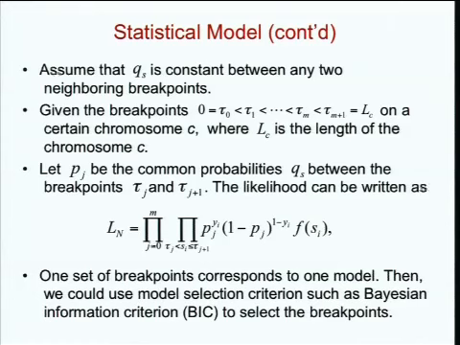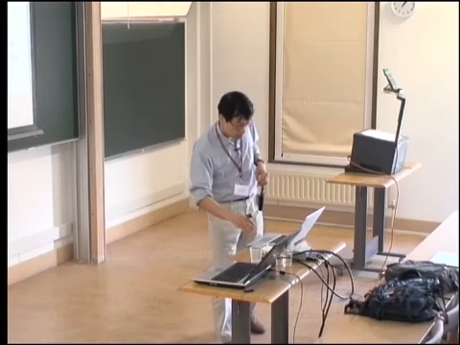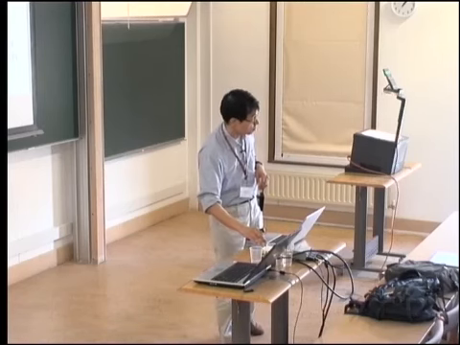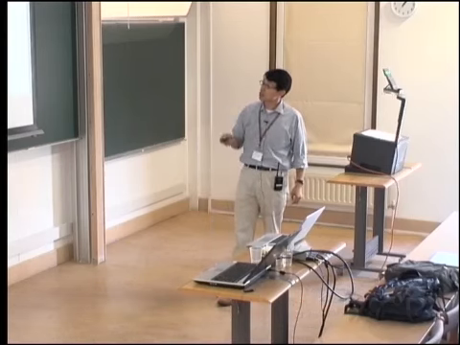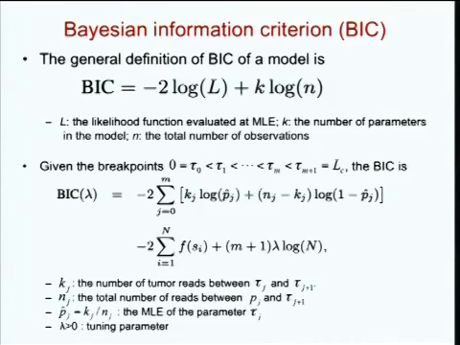That's a reasonable assumption, right? And then we just modify the likelihood. One set of breakpoints corresponds to one model, and so it becomes a model selection problem. We use BIC, the Bayesian information criterion, to select the breakpoints. So we simply put the likelihood into this model and it gives us some formula.